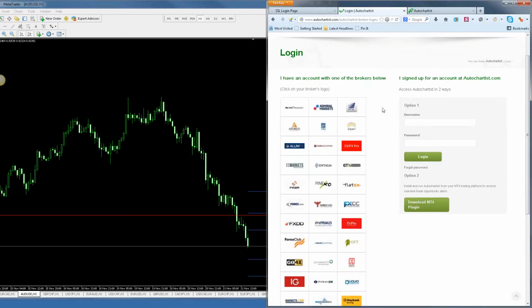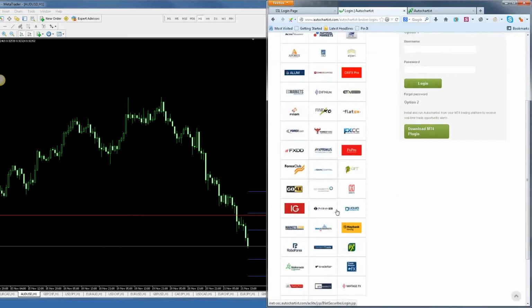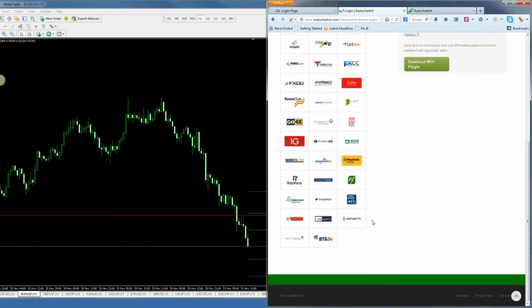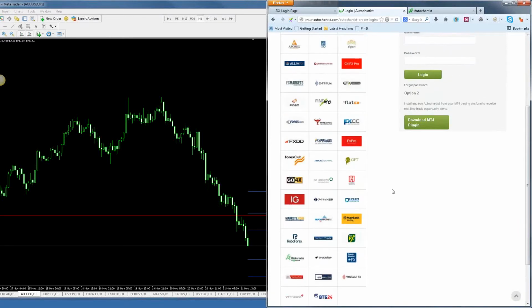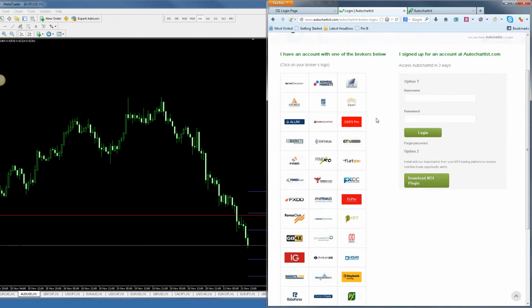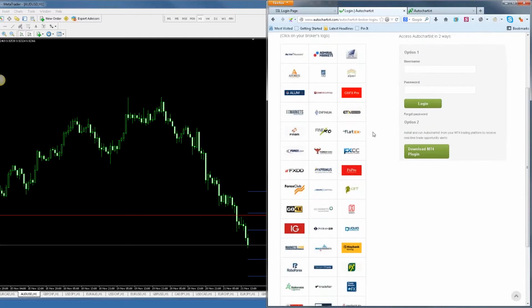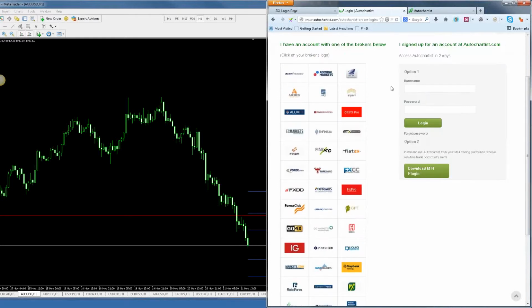But you can get Autochartist through your broker. On this page, you can see a whole list of all our broker partners who offer Autochartist. Whatever your broker is, you just click on their logo and you'll get more information. Unfortunately, if your broker is not here, you can't get Autochartist, and we suggest that you sign up with one of these brokers. Okay, that's first of all.